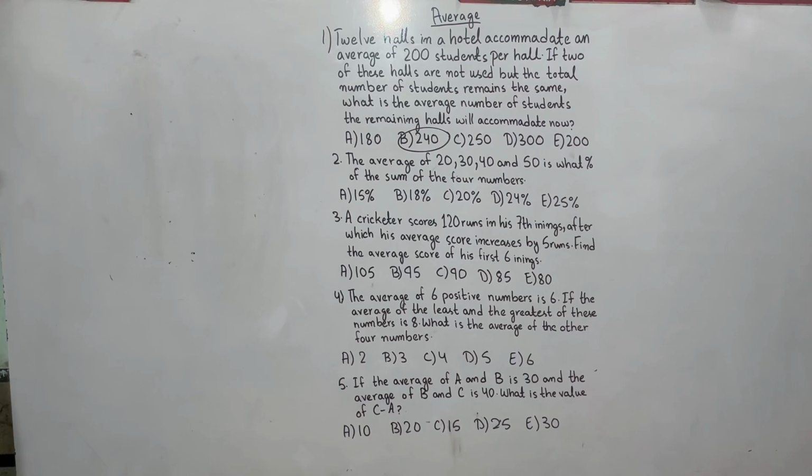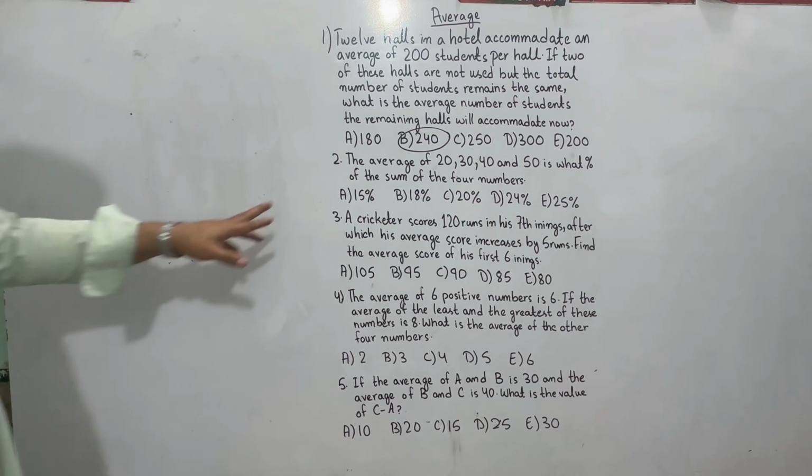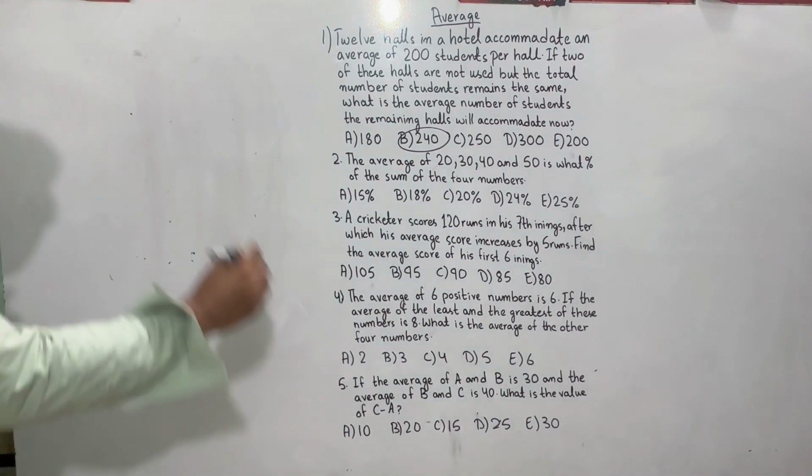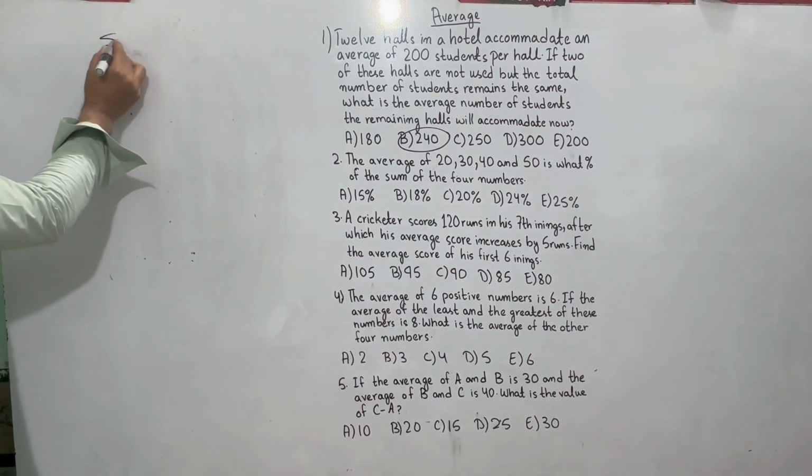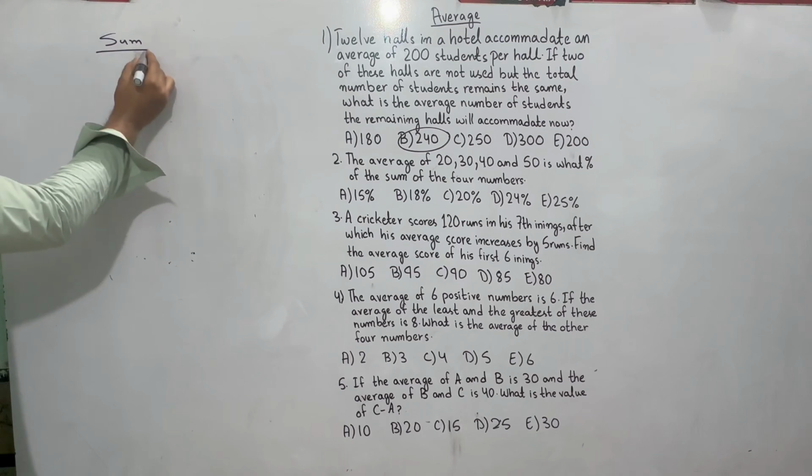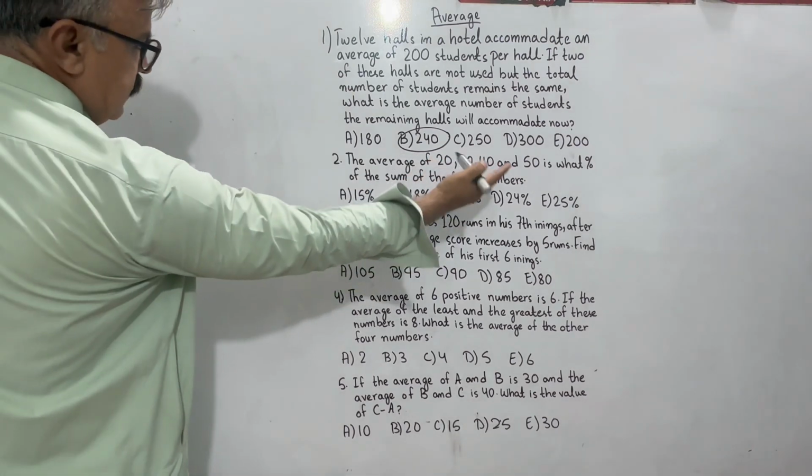Okay, cool. The next: the average of 20, 30, 40 and 50 is what percent of the sum of the four numbers? Average, same formula: sum divided by 4, since we have four quantities.